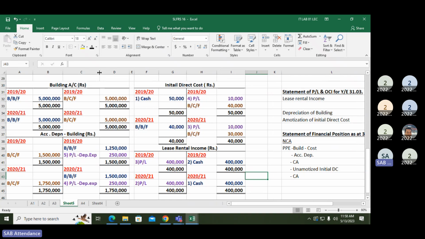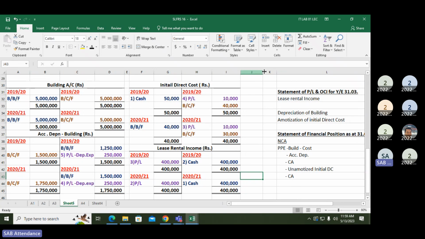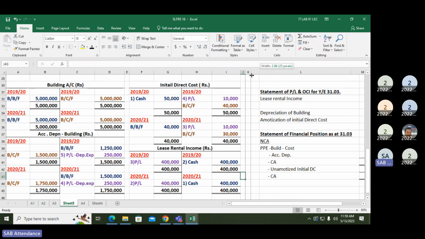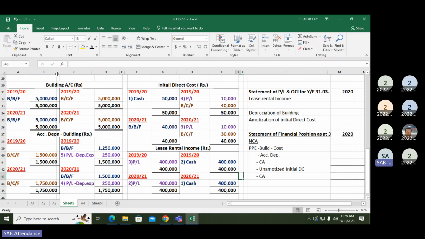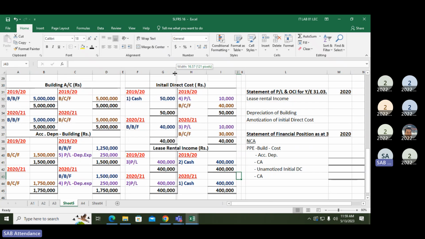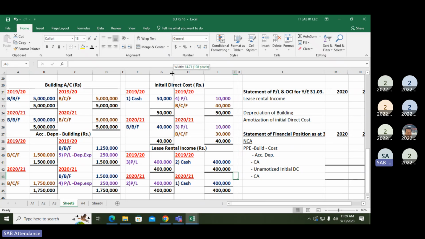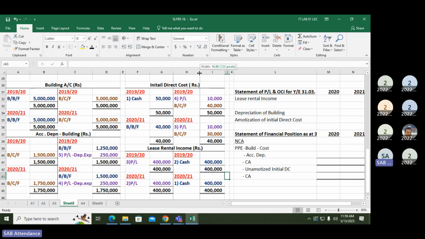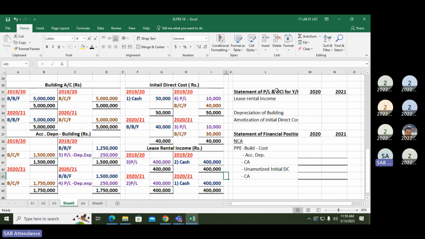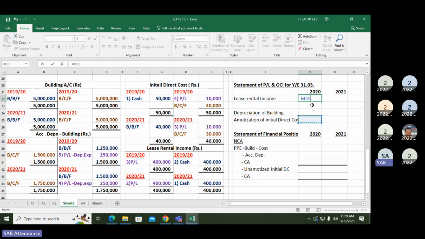Now we can have the financial statement extracts. Statement of profit or loss: you take the rent income, lease rental income.